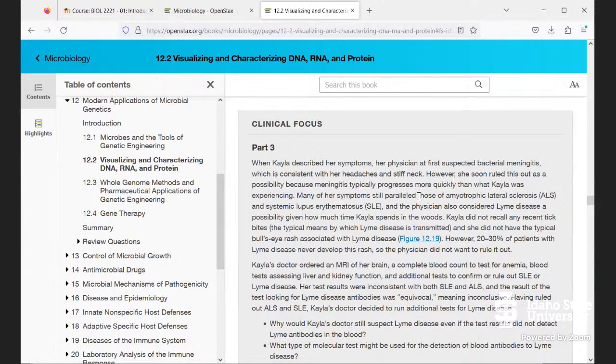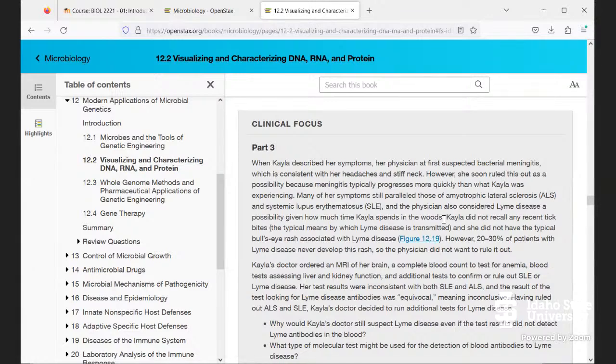So some of her other symptoms, we're still going back to this autoimmune ALS or lupus, systemic lupus erythematosus or amyotrophic lateral sclerosis. So Lyme disease is also a potential, all right? So they're considering all of these, all right?